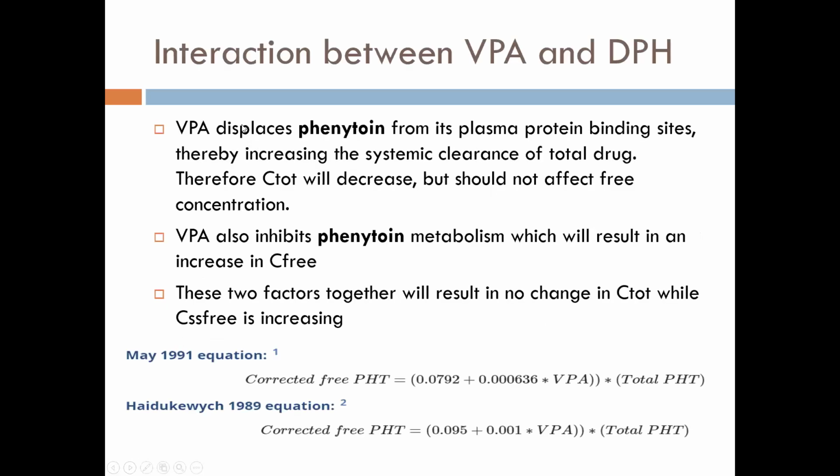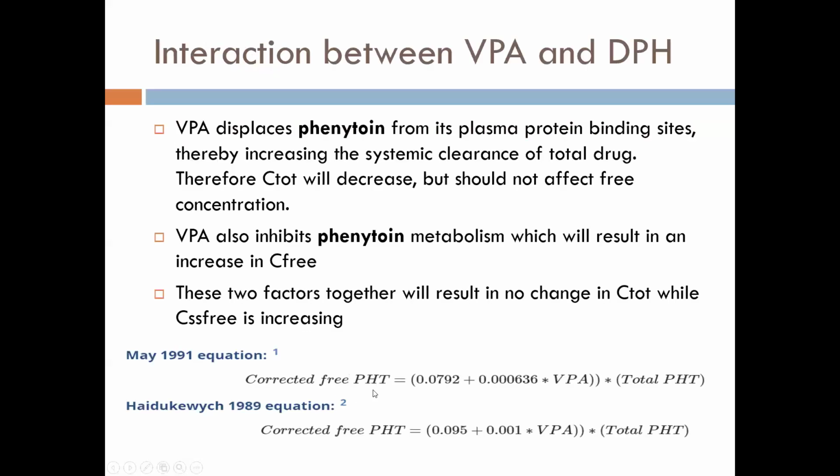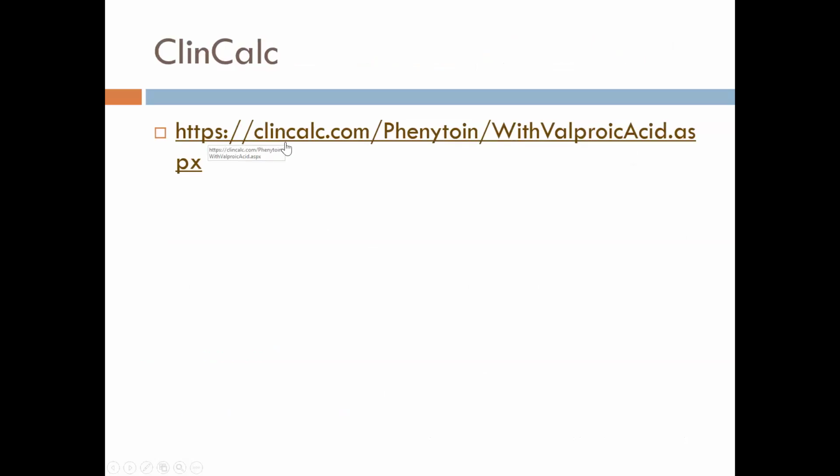Valproic acid displaces phenytoin from its plasma protein binding site. It also inhibits phenytoin metabolism. So we have this corrected free phenytoin level equation with valproic acid. And again, we have a ClinCalc calculator that we can go to.